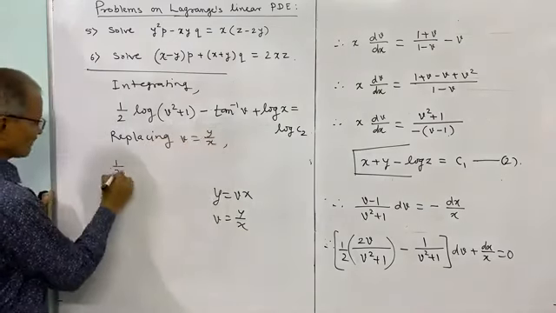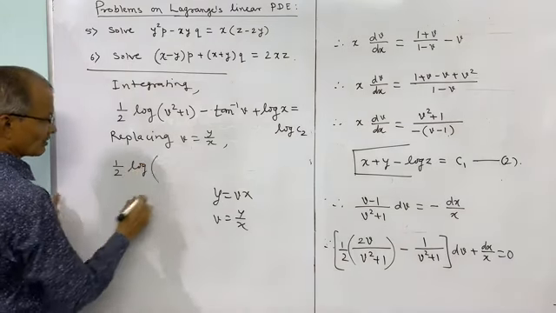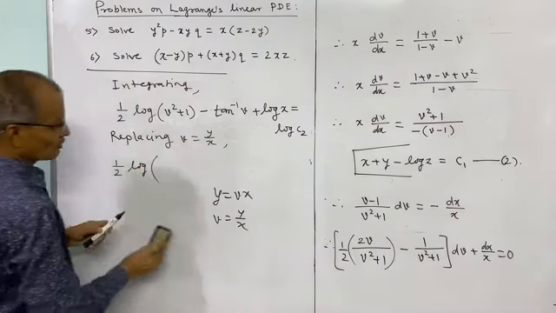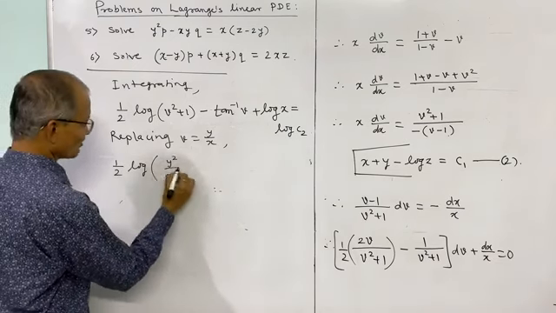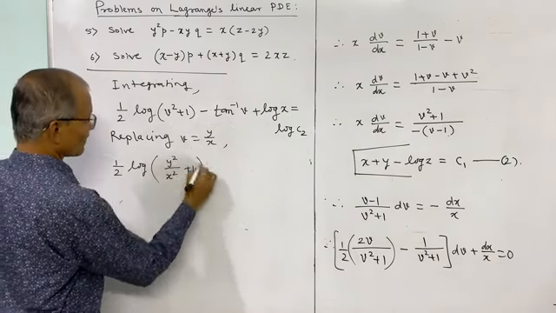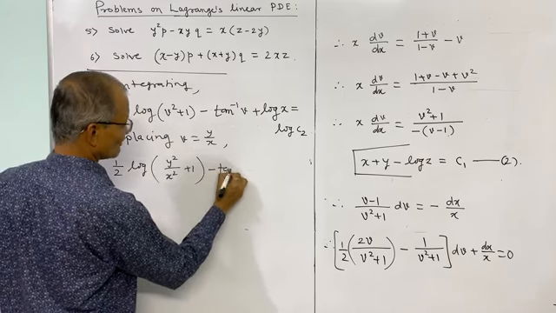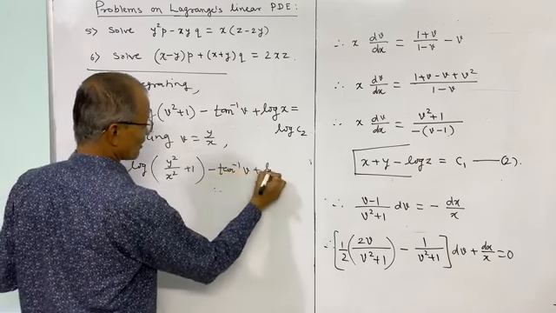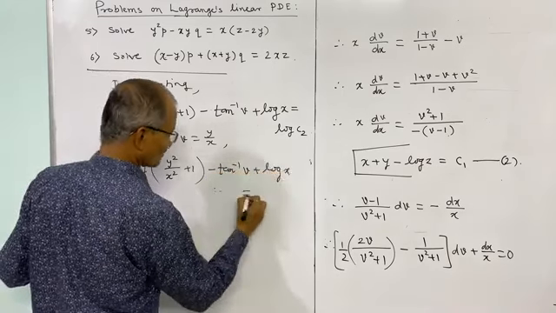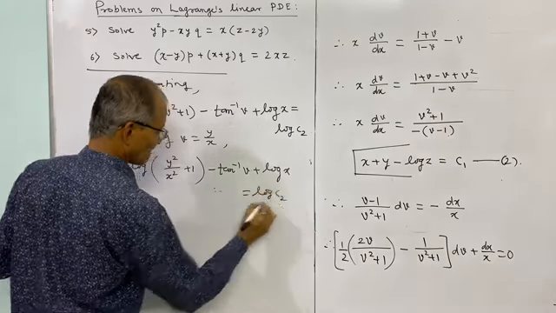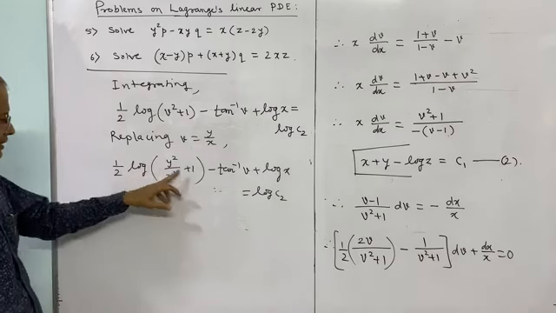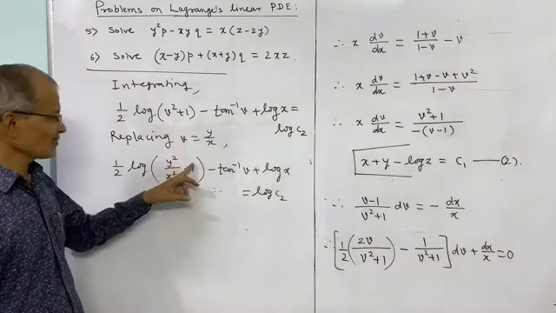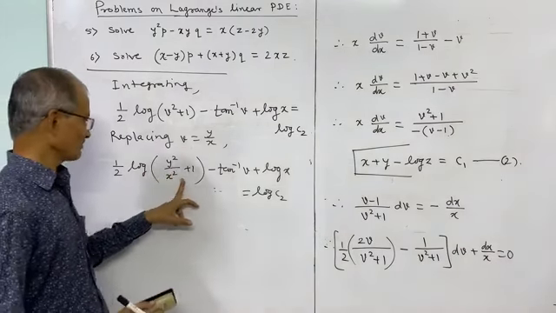We have half log of (y upon x) whole square plus 1, that is y square divided by x square plus 1, minus tan inverse of v plus log x is equal to log of c2. Or if we add it, then it will be (x square plus y square) divided by x square.